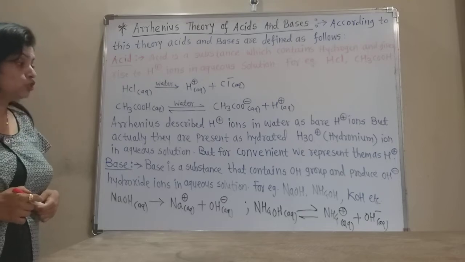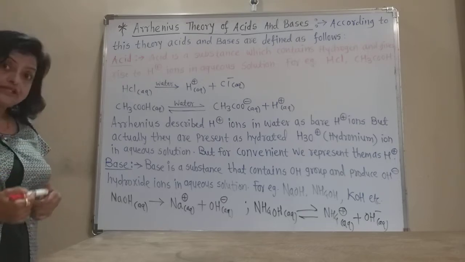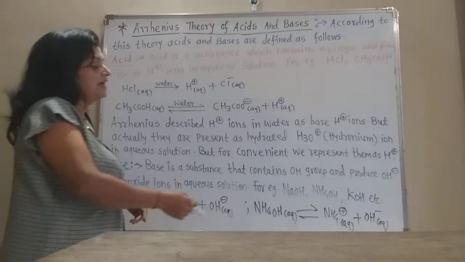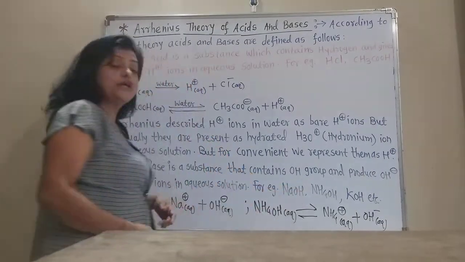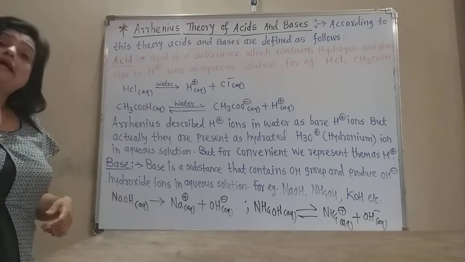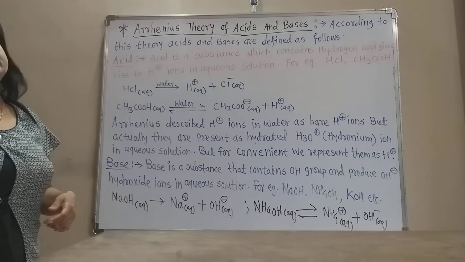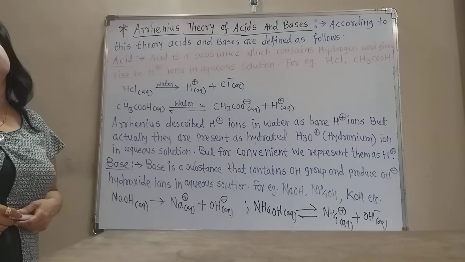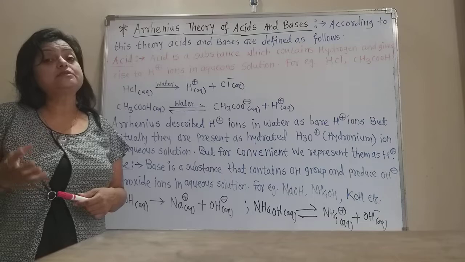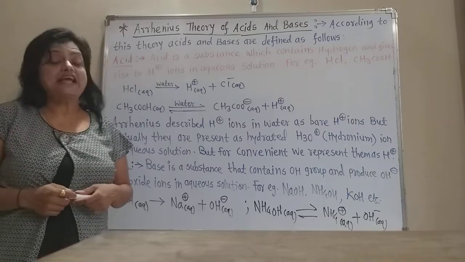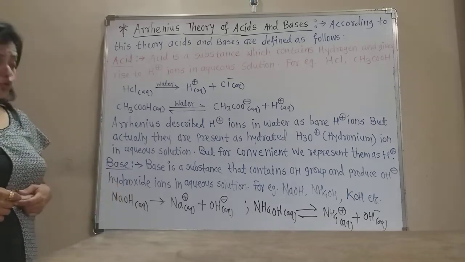and due to this most of the substances containing the OH group such as NaOH, NH4OH, KOH, AgOH silver hydroxide, Mg(OH)2 magnesium hydroxide, Al(OH)3 aluminum hydroxide, most of the compounds are considered as bases because they give the OH minus ion, that is the hydroxide ion, in the aqueous solution and they contain the OH group.